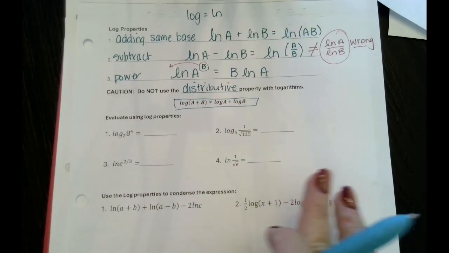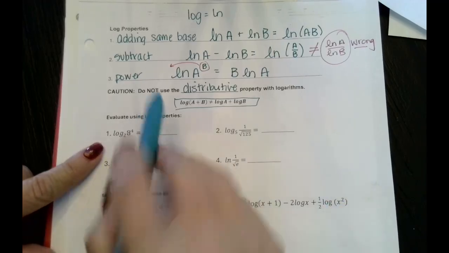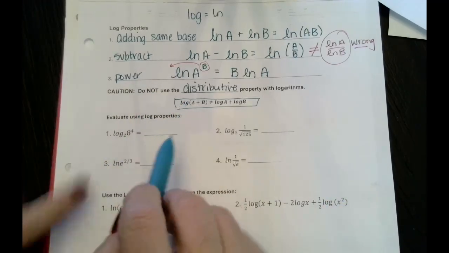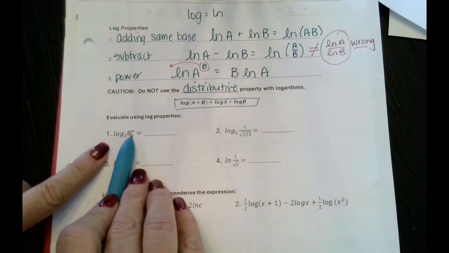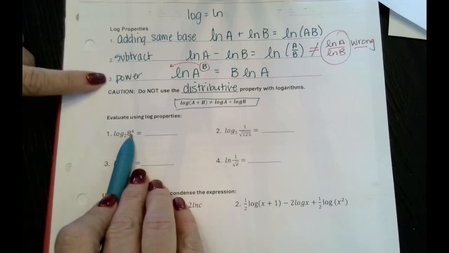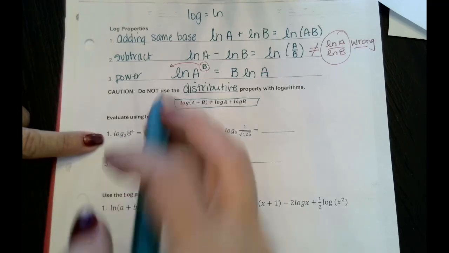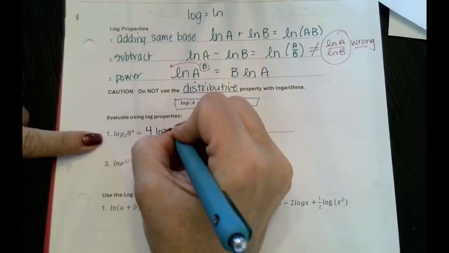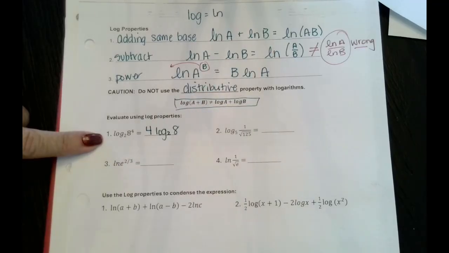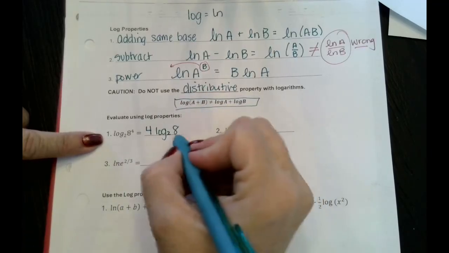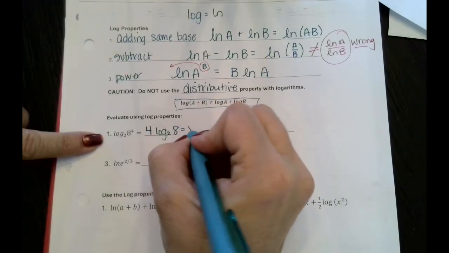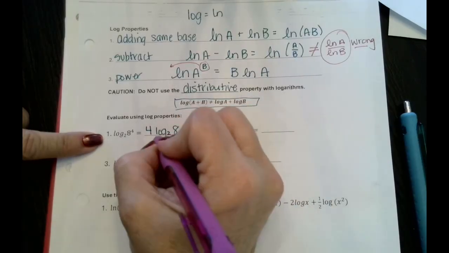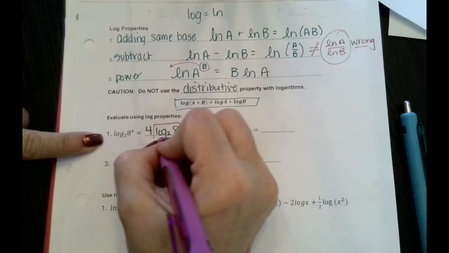All right. So what we're going to do here, we're going to evaluate using log properties. So if I look at this, the first thing I see is I have this power of 4. So that is this rule 3 up here, which is a power. So I'm going to say 4 log base 2 of 8. Okay, so log base 2 of 8 is going to give me some x. Well, I'm going to go in right now and I'm going to evaluate just this part of it.